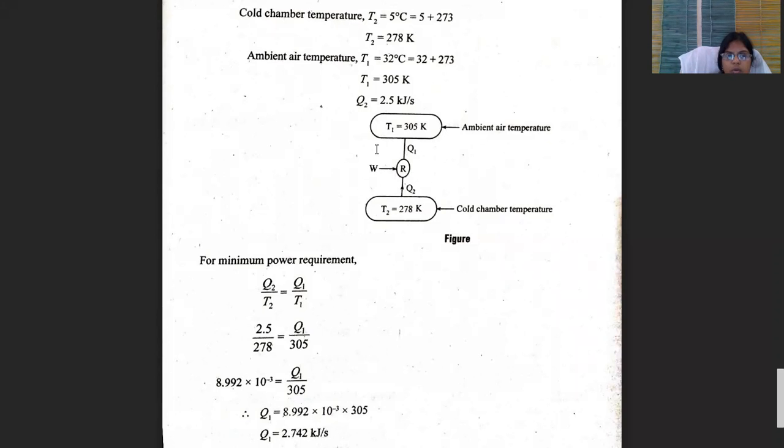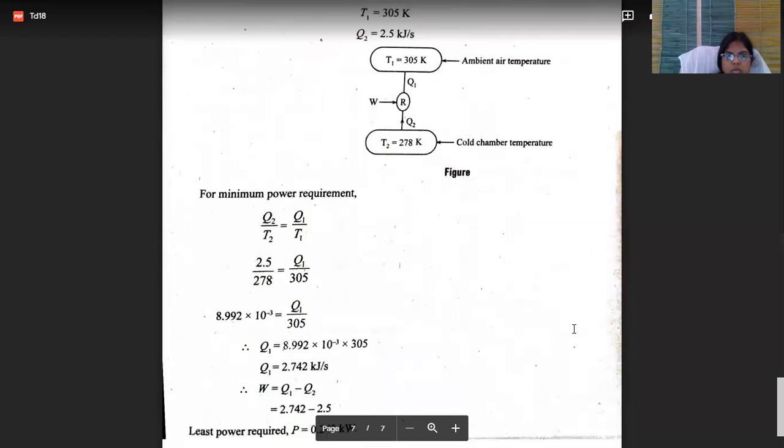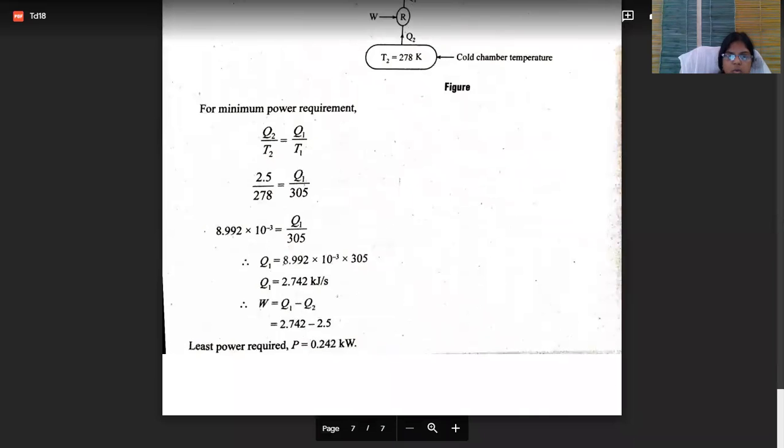The formula is Q1 by Q2 is equal to T1 by T2, that is Q2 by Q1 is equal to T2 by T1, which we change to Q2 by T2 is equal to Q1 by T1. Place all the values here to get Q1, and work done is the difference Q1 minus Q2. Just place the values and you get the least power required: P is equal to 0.42 kilowatts.